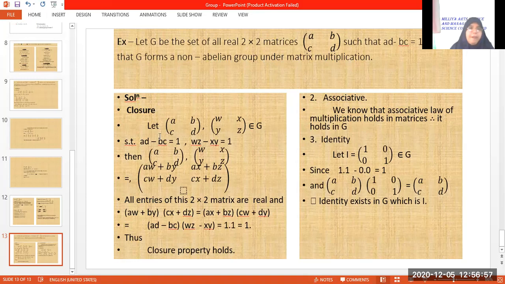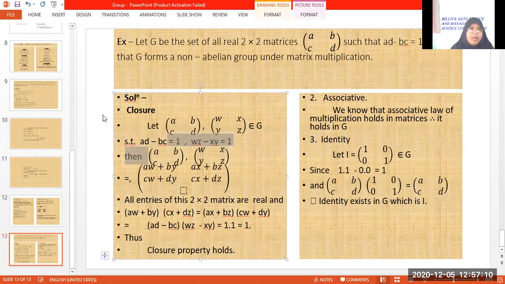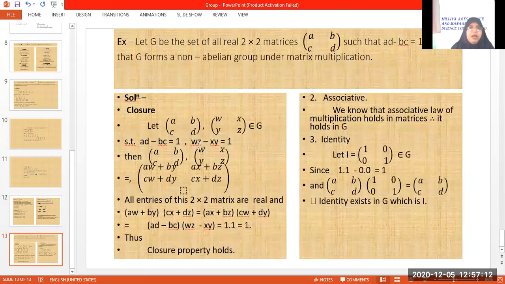Solution is, first we have to prove closure property, similar to the first example. Consider two matrices belonging to G such that AD minus BC is equal to 1 and WZ minus XY is equal to 1.